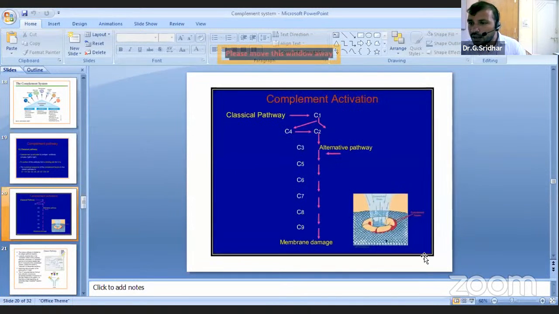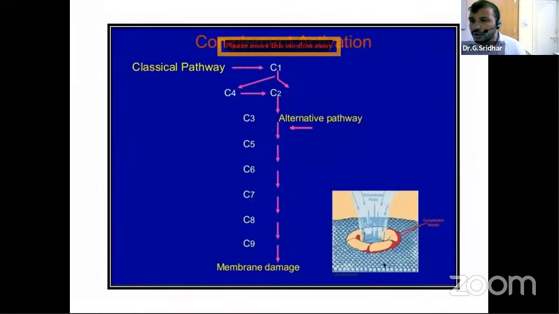Then it forms a membrane attack complex, like this. It is just like a pore-like structure. Then fluids from outside the cell will enter into the cell, mainly granzymes and other lytic enzymes. They can kill or degrade the bacteria. That's why this is called membrane damage.